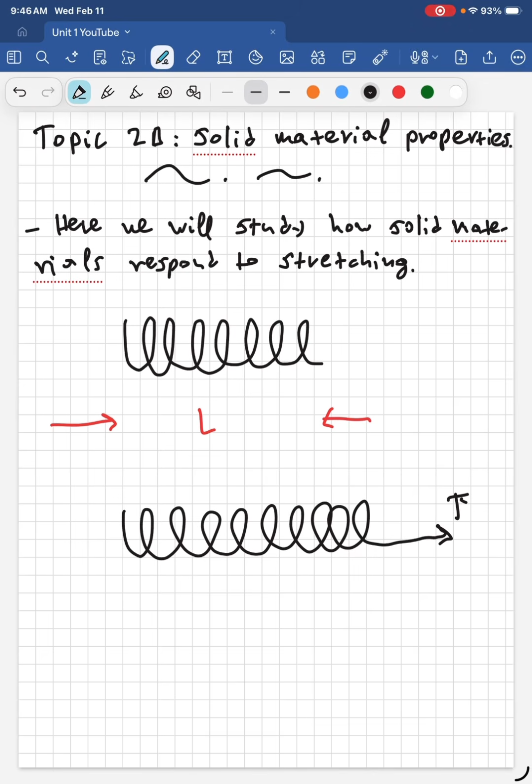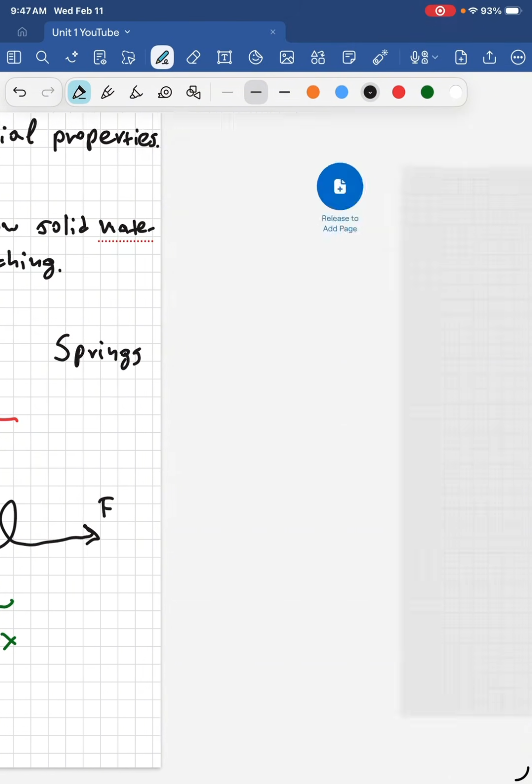So if this was the initial length L, the spring is going to stretch by delta X. This is something that everybody knows. So you can think of springs as one-dimensional objects, meaning that they stretch in one dimension. We will come back to this in a moment.